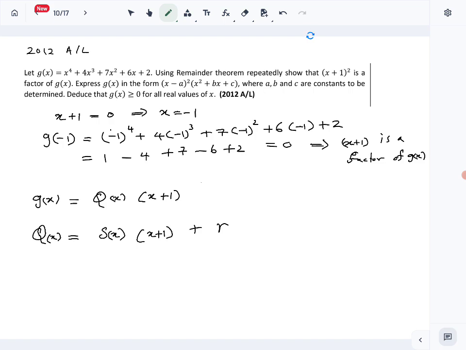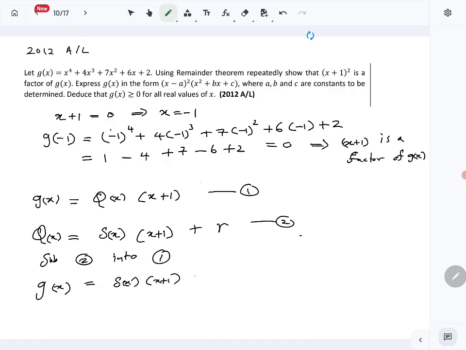So now let me substitute the second equation into the first. So we'll get g of x in this form: s of x times x plus 1 plus r, the whole thing multiplied by x plus 1.